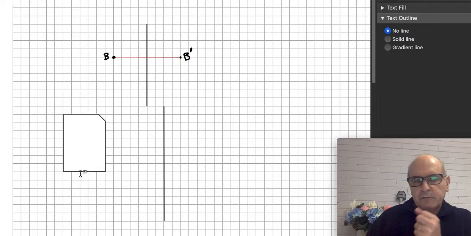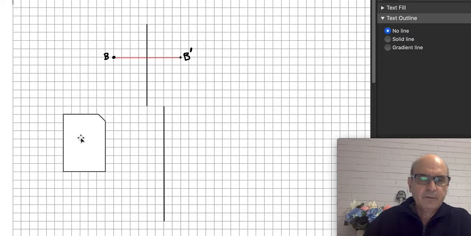So what we do, we find the reflection of each vertex or each corner of this shape in this line, and then we connect them together to get the reflection.